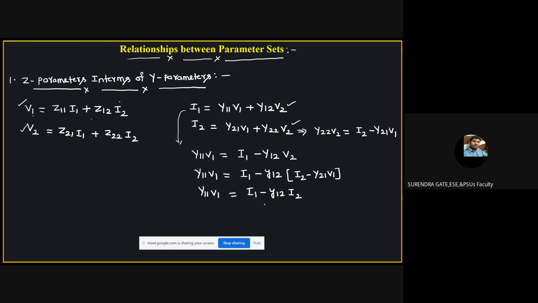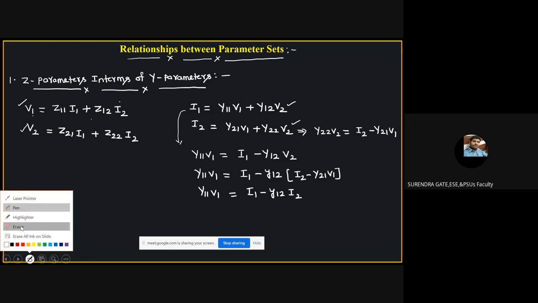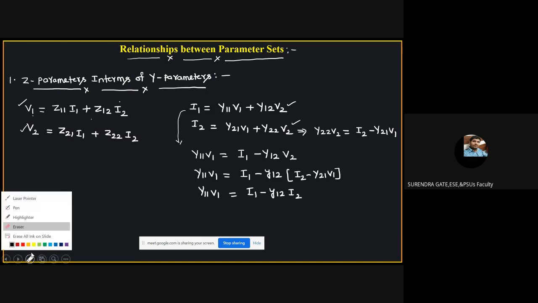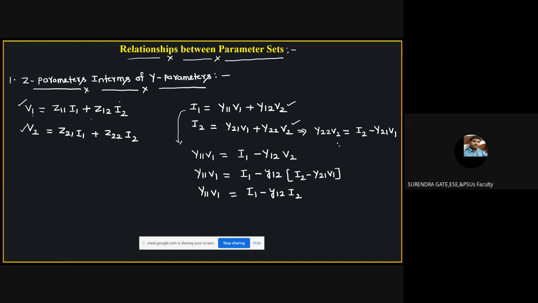Just a minute, because I want to write V2 now. Then from this, what is V2? V2 equal to (I2 minus Y21 V1) by Y22.